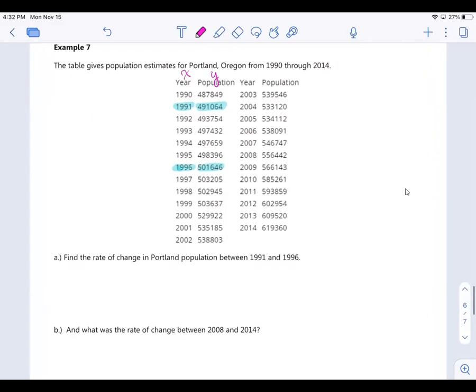I could write that as 1991, what is that? 491,000. Maybe I won't put a comma because I think it might be confusing. And 64. So that's one coordinate. And then the other coordinate is 1996, 501,646.